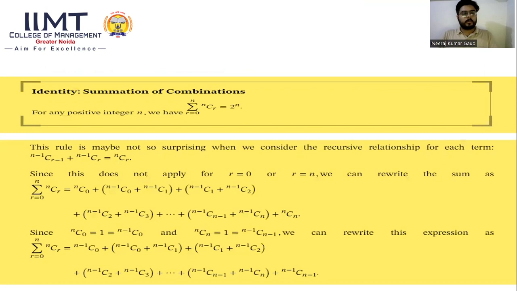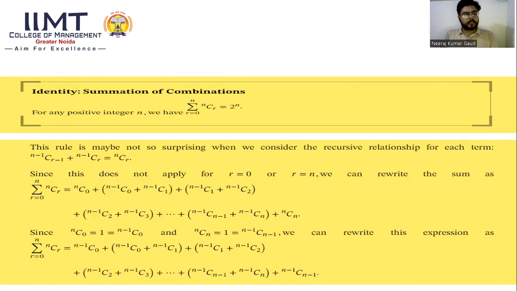Since this does not apply for r equal to 0 or r equal to n, we can rewrite the sum as nC0 plus (n−1)C0 plus (n−1)C1 plus (n−1)C1 plus (n−1)C2 and so on, (n−1)C(n−1) plus (n−1)Cn, last nCn.